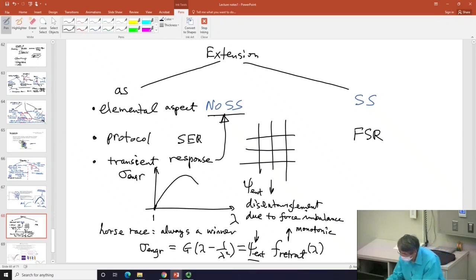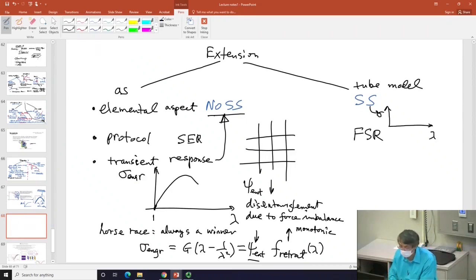In any case, let's take a look at what the Doi model says. Well, the Doi model, because it can envision steady state, okay? Because it can envision steady state, you have no trouble visualizing this. That there is eventually stress, of course, true stress, that's no longer changing with lambda.